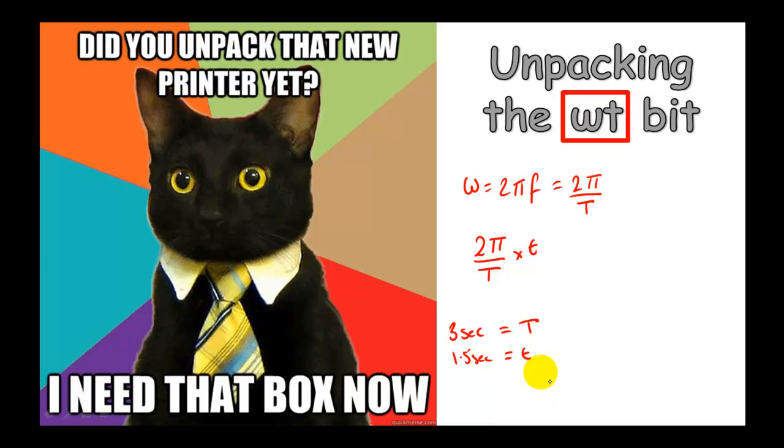So what this equation is essentially saying is little t over big T, and you're going to get the ratio, the fraction of how far along in the cycle you are. In this example it would have been 1.5 over 3, which is halfway through. It's the same as 0.5.